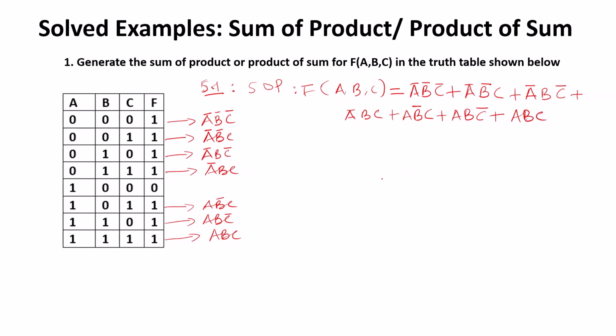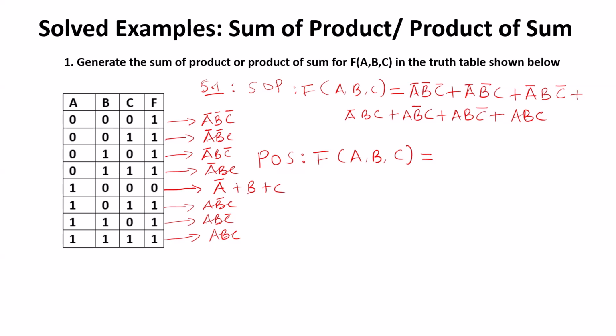So that is for the sum of products. Now, for the product of sums, which is POS, for f of A, B, C, we only have one cell that is returning 0. For this cell, we know A plus B plus C. Because A is 1, A will carry a bar, B is 0, B will remain, and C is 0, C will remain.